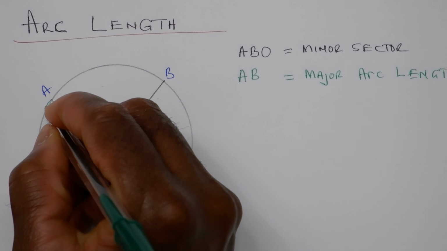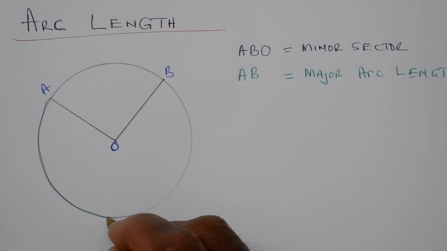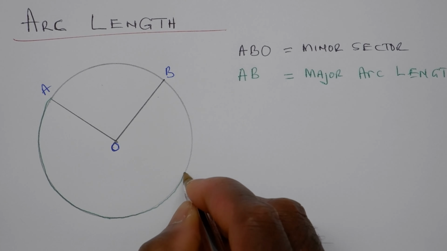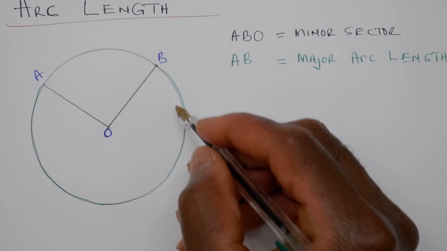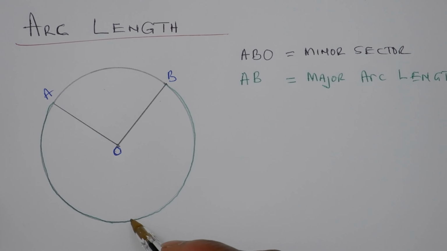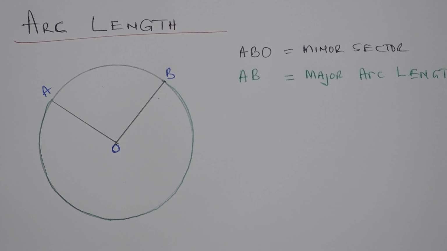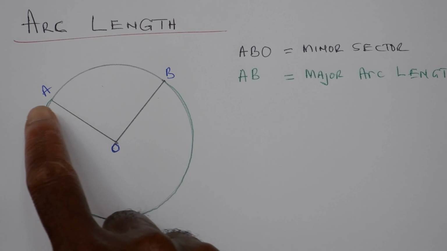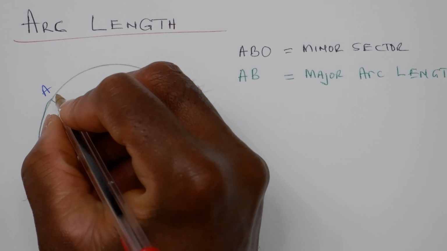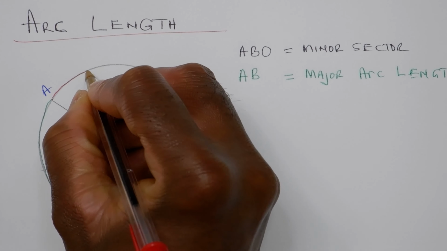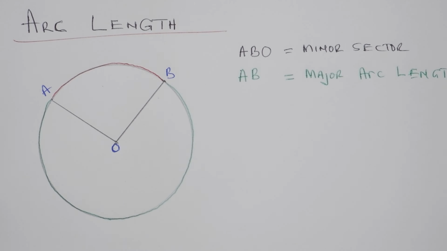If I go all the way from A to B, that's a major arc length because it's bigger than that one. But if I go from A to B in the shorter route, that will be the minor arc length.